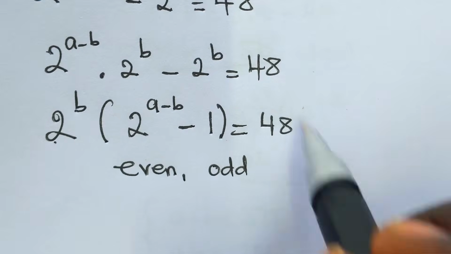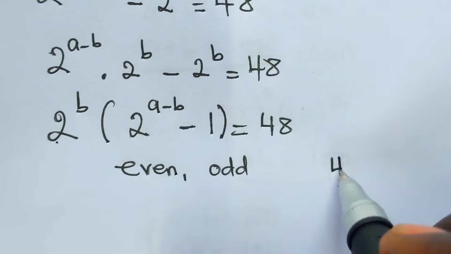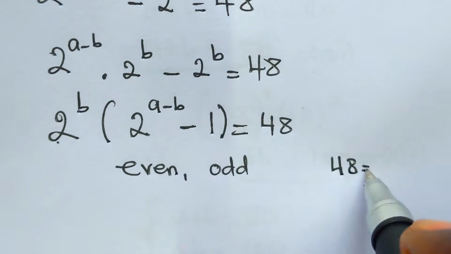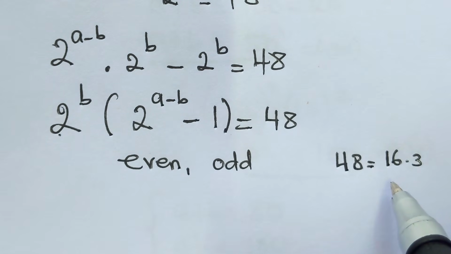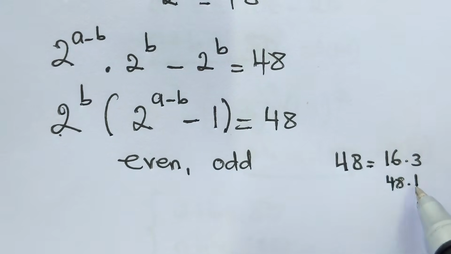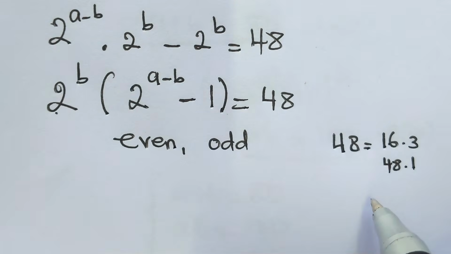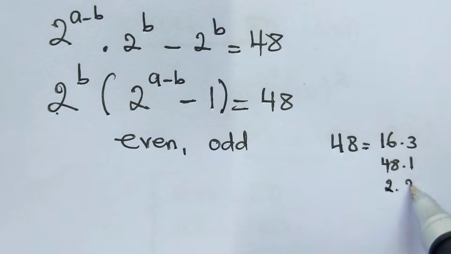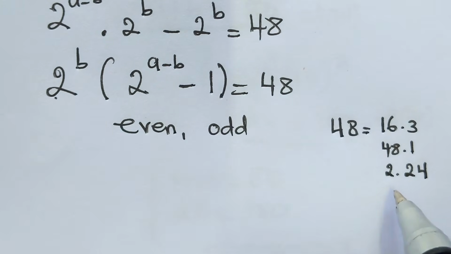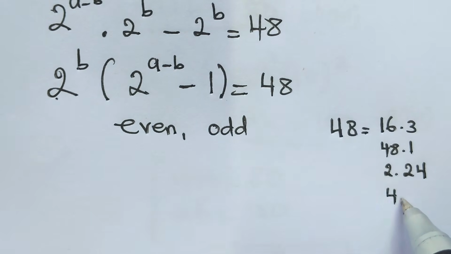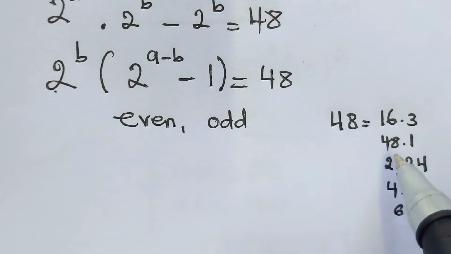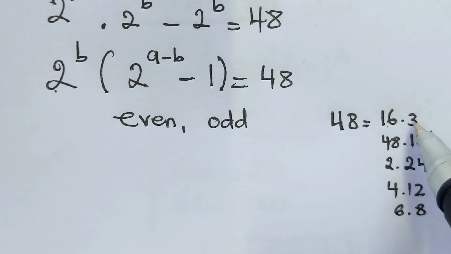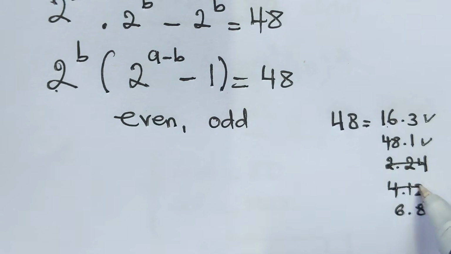We're going to find the numbers which can be equal to 48. 48 here can be equal to 16 times 3, and of course this one can be 48 times 1, and this one can be equal to 2 times 24, and this one can be equal to 4 times 12, and this one is equal to 16 times 8. Because we are considering this one even and odd, we can take this one and this and reject this, because we have even.